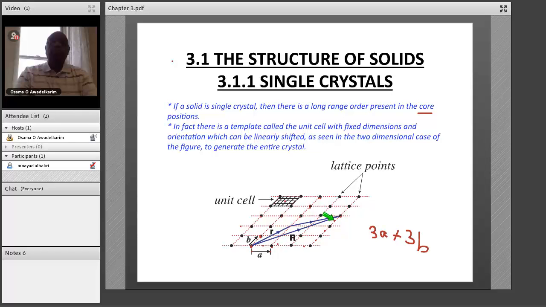So this point is 3A plus 3B. Similarly, this point here is 1A plus 2B, and so on. So we can define each point, and each point can be written as a vector R. The vector R is written in terms of these unit-based vectors, and we can define each point this way.